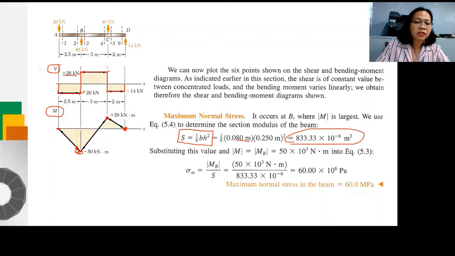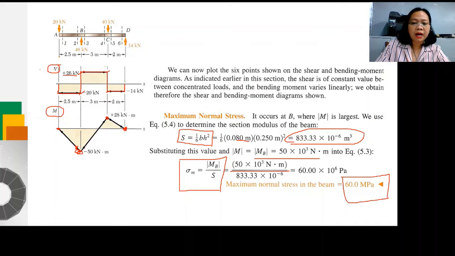And then substituting the equation of maximum stress is equals to M over S. And the maximum value for moment here is negative 50, but it's an absolute value, then you'll get 50 times 10 raised to the power of 3, and times M over the calculated value of section modulus, you get this 60 MPa maximum stress experienced by the beam.